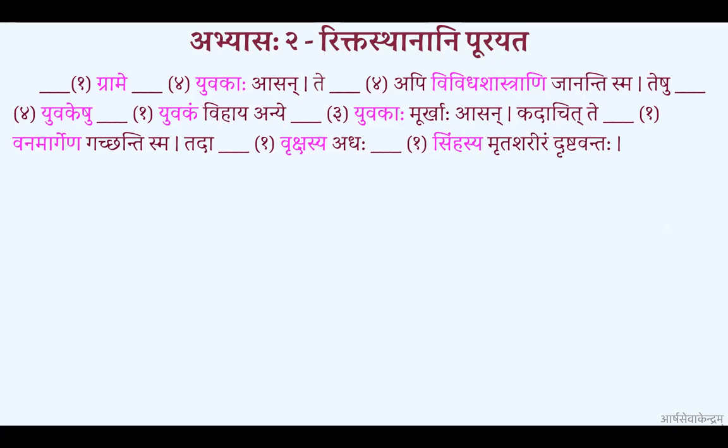Teshu, among the four youth, one youth, vihaya anye, and three of them are murkhaha. Yeah, murkhaha, stupid.